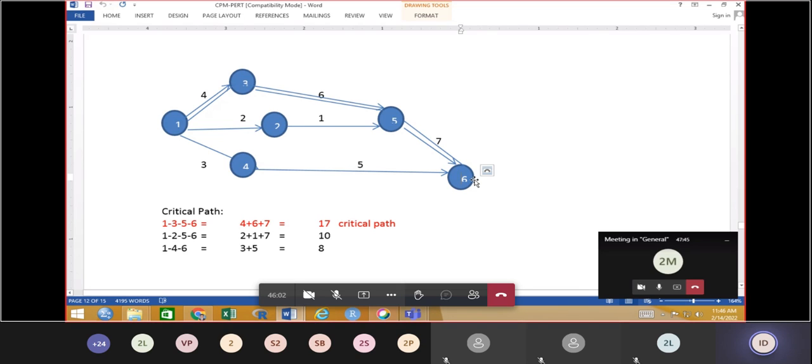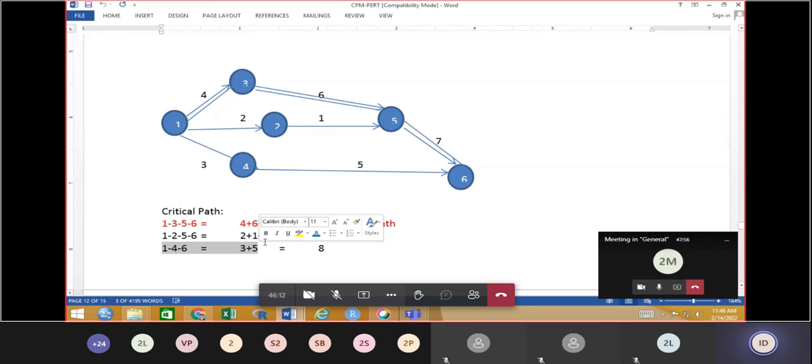There are three paths. The first path is 1 to 4, 4 to 6. What is the duration? 1 to 4 duration is 3 plus 4 to 6 duration is 5, so 3 plus 5 is equal to 8 duration.